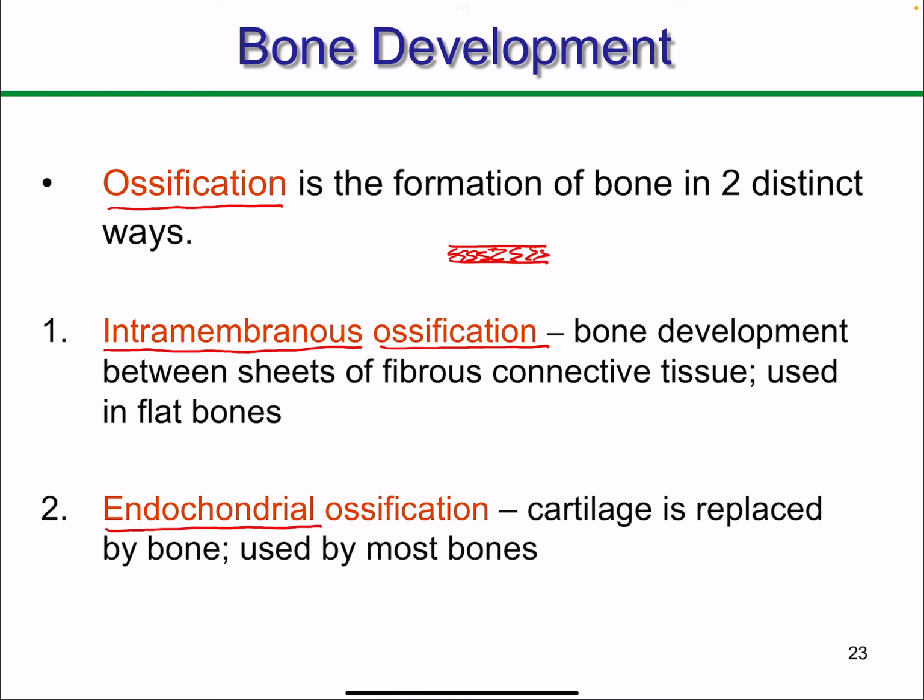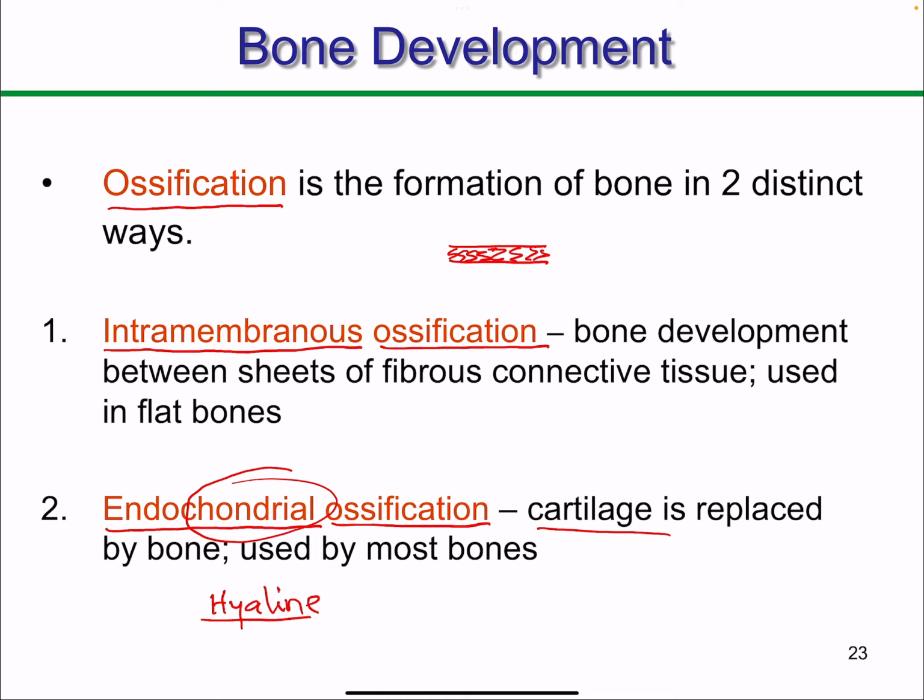Endo means inside. Chondral, it's basically the cartilage, specifically hyaline cartilage, right? So out of the hyaline cartilage, ossification is going to occur, right? So here, the cartilage is going to be progressively replaced by the bone.